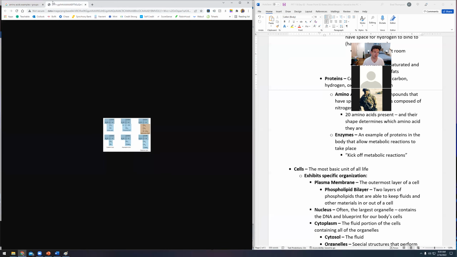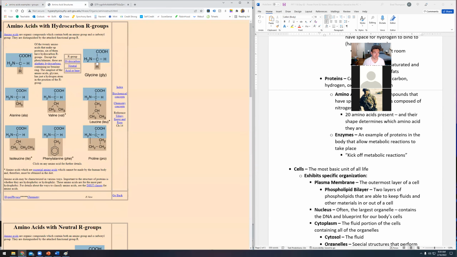If we look at this, the COO is all the same, but then there's just a little bit of R group here, and you zoom in on it and look at how they all look different. CH3, CH. This is alanine, this is valine, leucine, isoleucine, phenylalanine, proline. All of them look totally different. A lot of leans in the amino acids, which makes sense because you're building muscle.